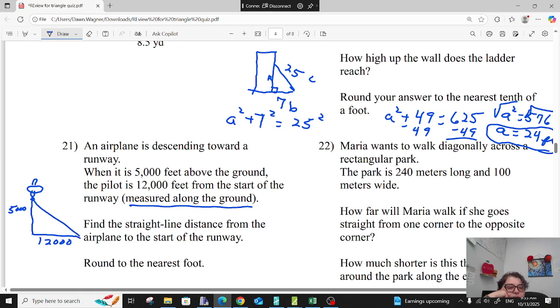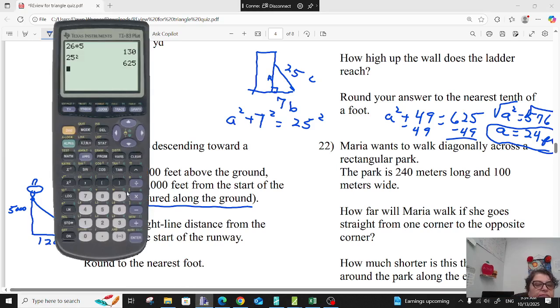So they want to know this, right? So yep, you're finding the C, so you add the squares and then take the square root. 13,000.